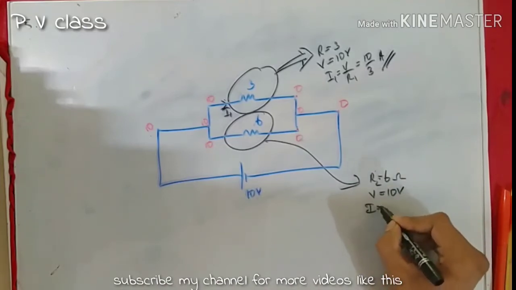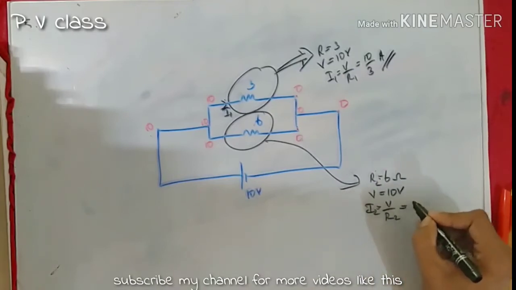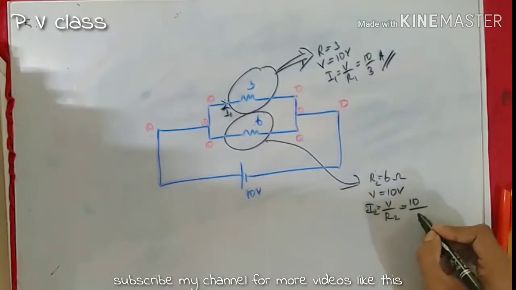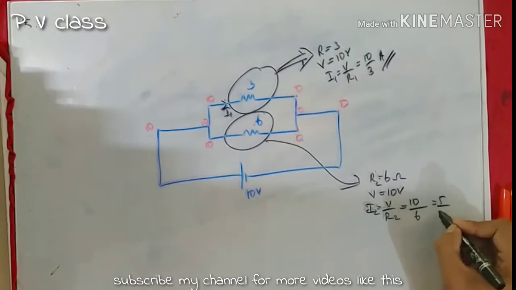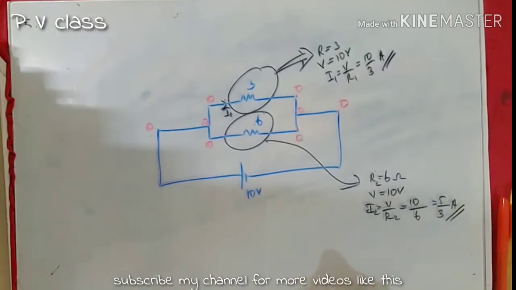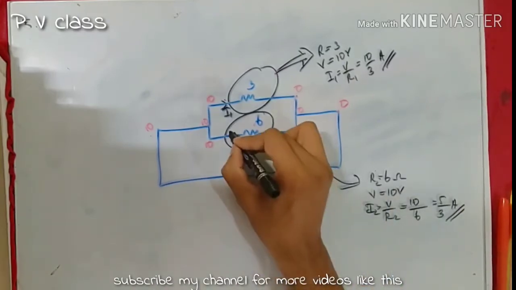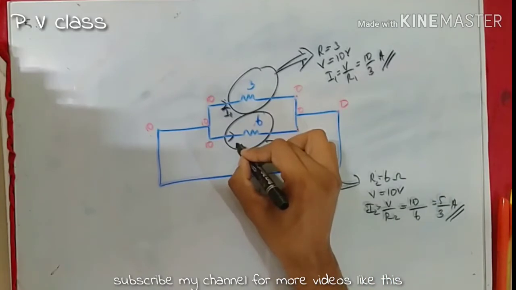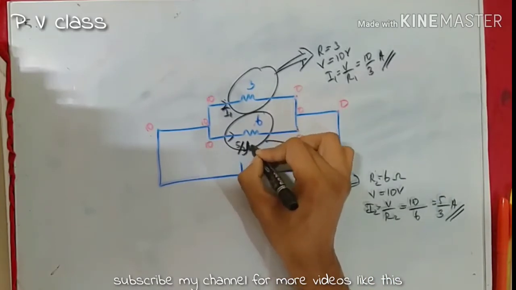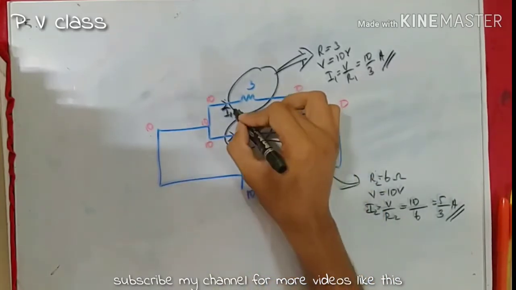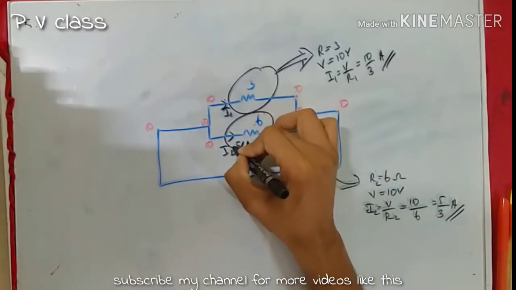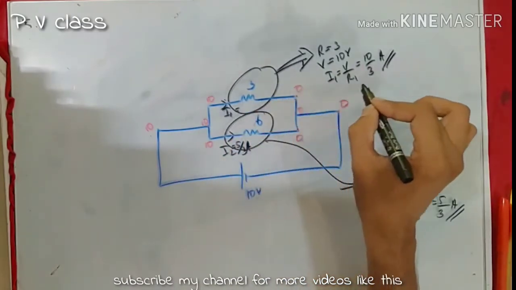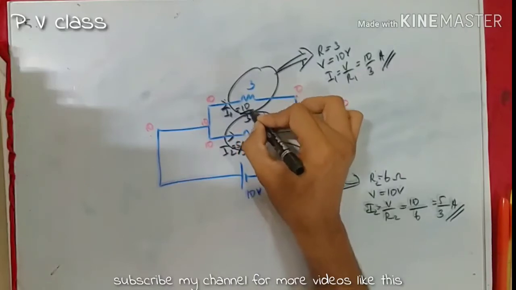Therefore, current I2 is V by R2, that is equal to 10 by 6, that is 5 by 3 ampere. Okay. Therefore, the current flowing will be 5 by 3 ampere. This is the I2 current, and the I1 current was 10 by 3 ampere.